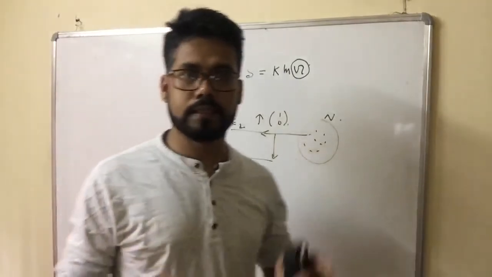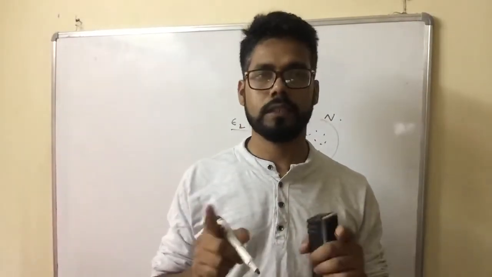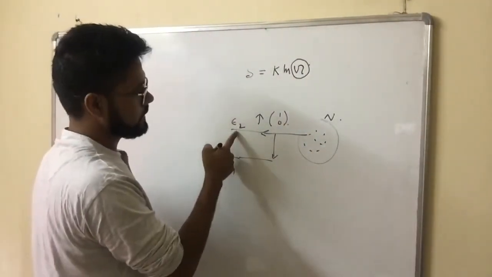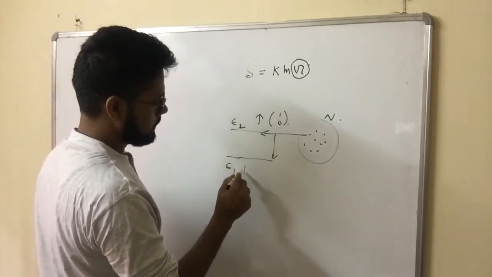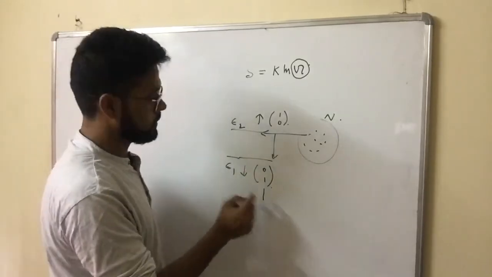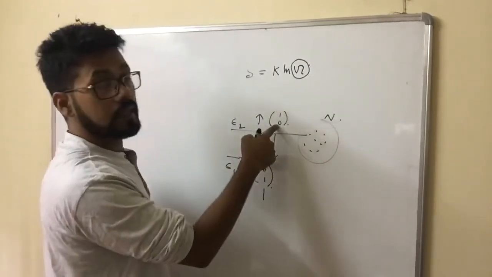A system composed of n electrons, each electron has 2 orientations, spin up and spin down. This is the quantum mechanical wave function, don't confuse. It is sometimes represented by this, sometimes represented by 0 and 1.